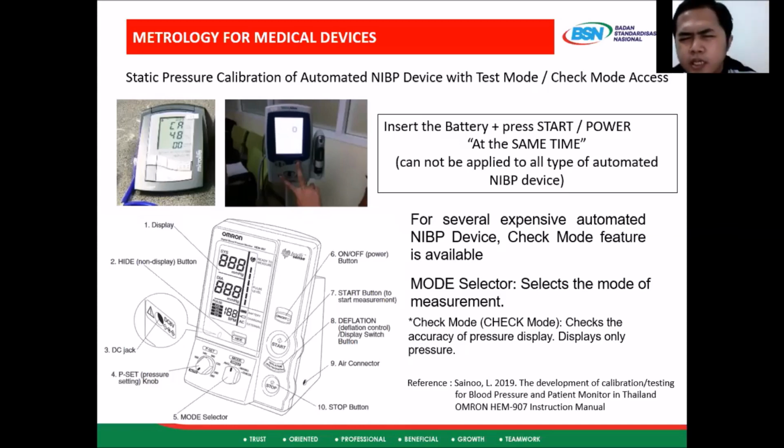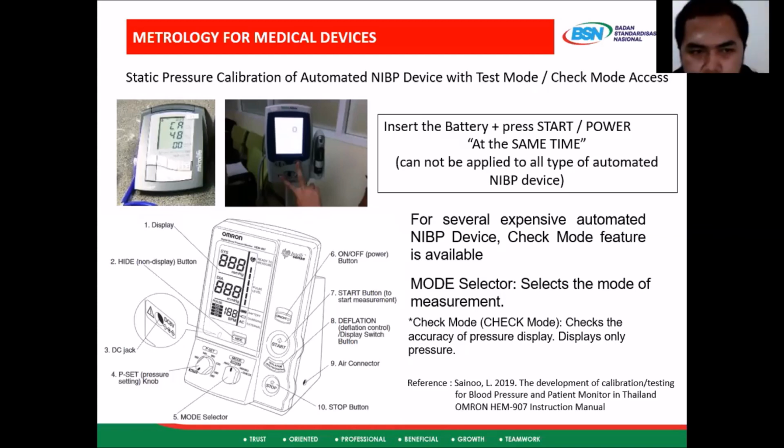I personally have tried this method on different types of NIBP device that I have conducted in my previous research. For some types, I succeeded.